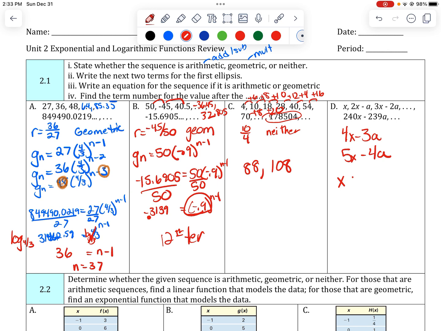So any term, we start with x, and we add x minus a, n minus 1 times. One thing I noticed there, this is our first term, second term. So what term is that? That has to be the 240th, and I wouldn't even need to use the formula.